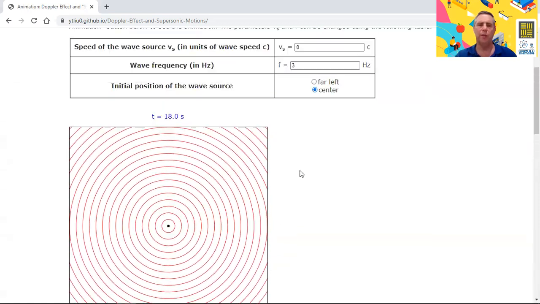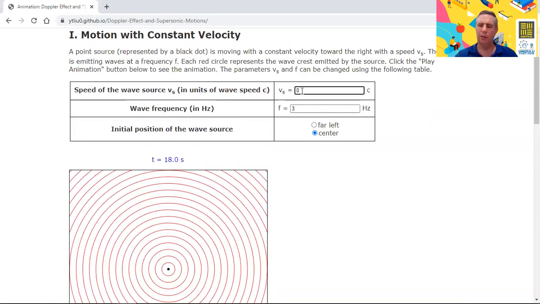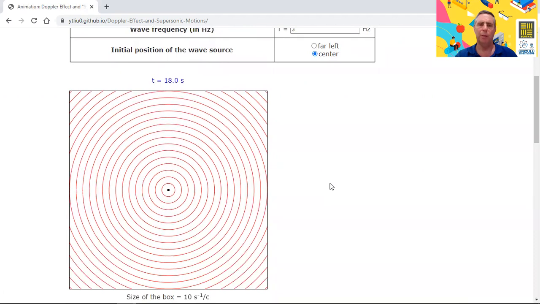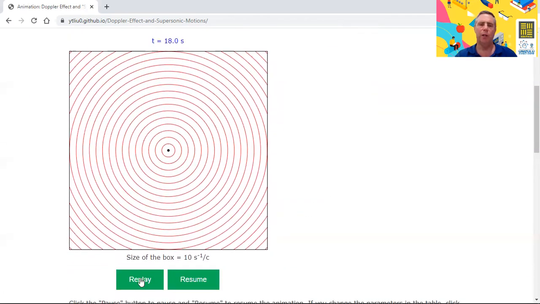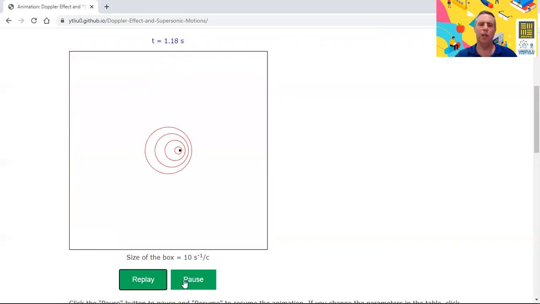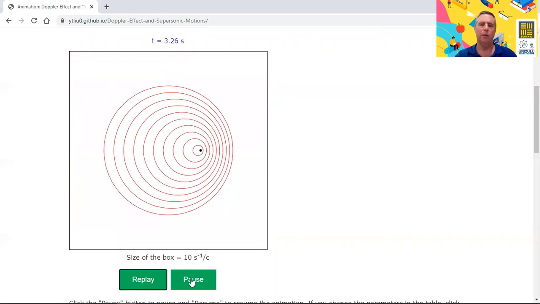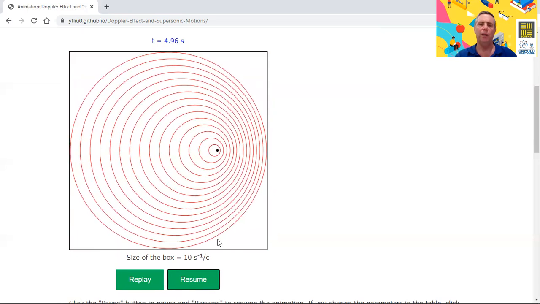Let's pause that. And then let's give the source some speed. In this case, it's going to be 0.5, half the speed of waves in that medium. Now, have a look at what happens now when I replay. You'll see the shape is really quite different. And you'll see if I pause it here, the wave fronts in front of the source are squashed up. There's a higher frequency.